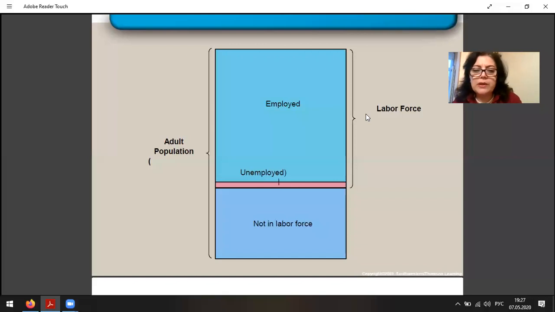Potential GDP is the amount of goods, products and services produced by the national economy under only one condition, and this condition is full employment, or simply the natural rate of unemployment. That amount of GDP is potential GDP.